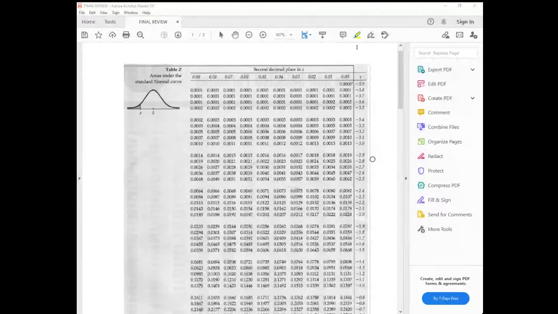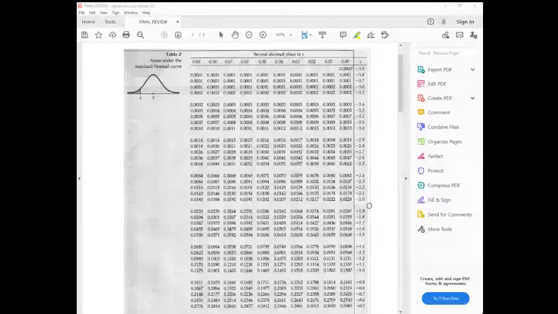So I'm going to scroll down till I look at the right side column when z is equal to negative 1.0. And the second decimal place is also 0 because it's negative 1.00. So that probability is 0.1587. So it's telling me that from negative infinity up to that negative z value of minus 1.00, that area is 0.1587. So that's how I got that.